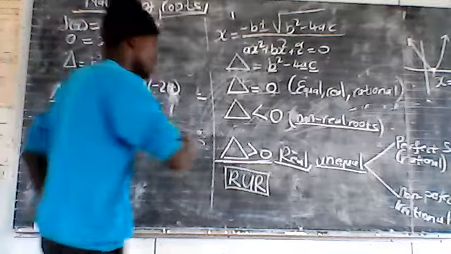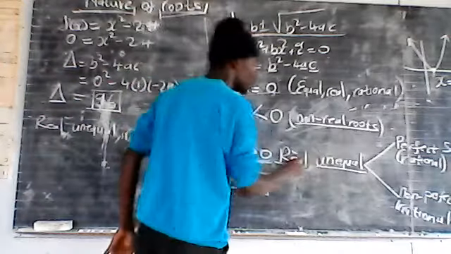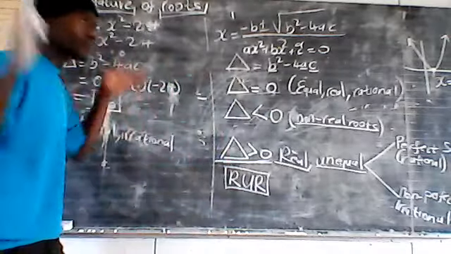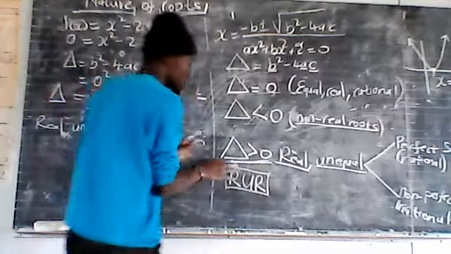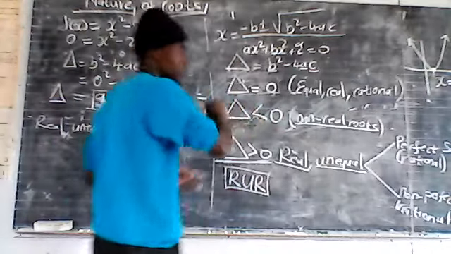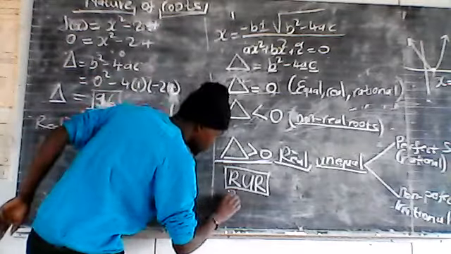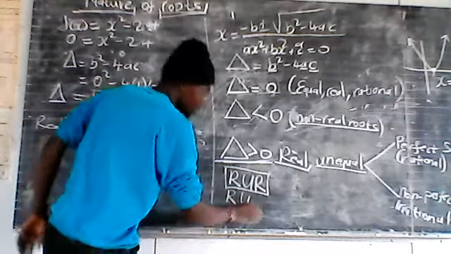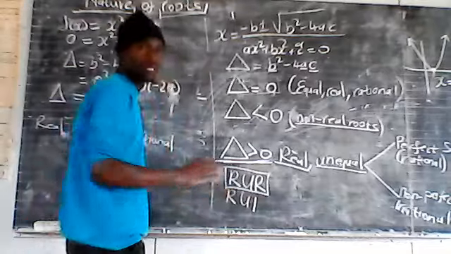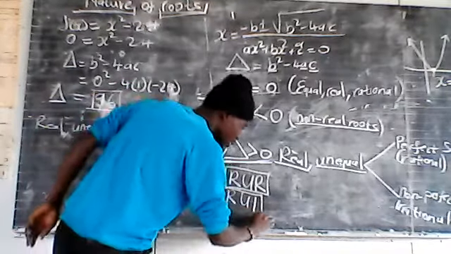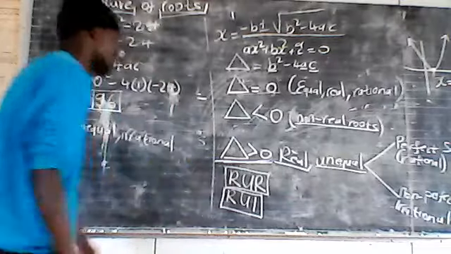Another mnemonic: what if delta is greater than 0 and we have a non-perfect square? You say, okay, I'll have real roots, unequal roots, and irrational roots. So that is R-U-I. You can pronounce it however you like.